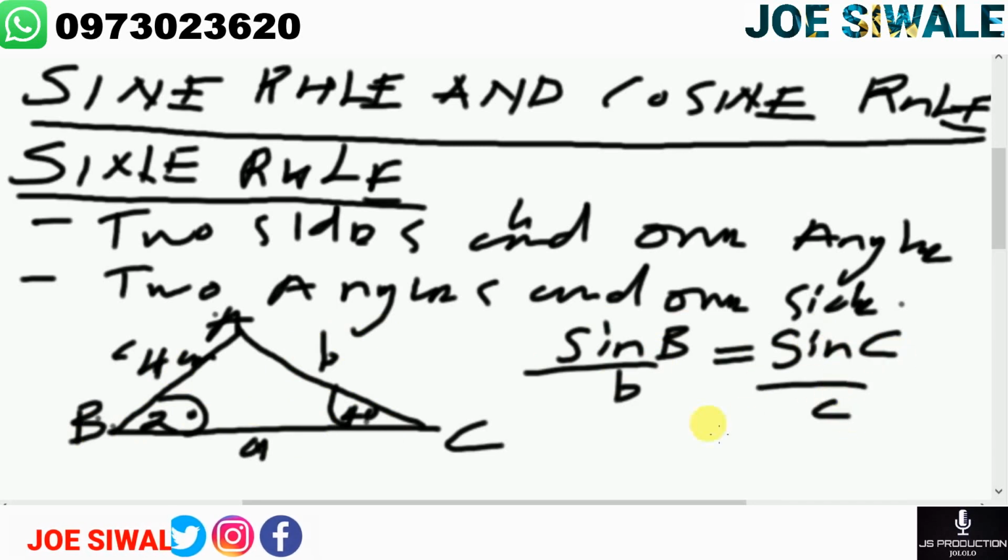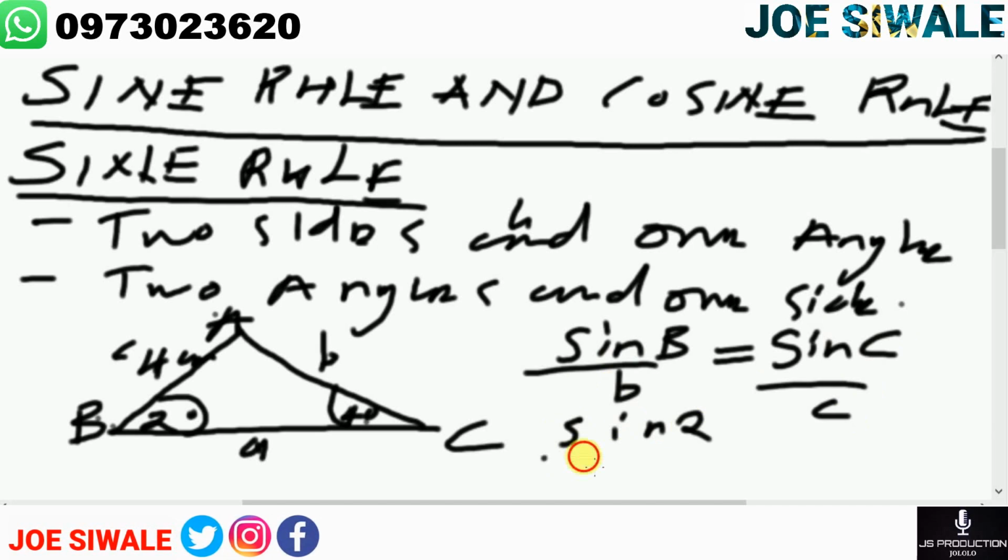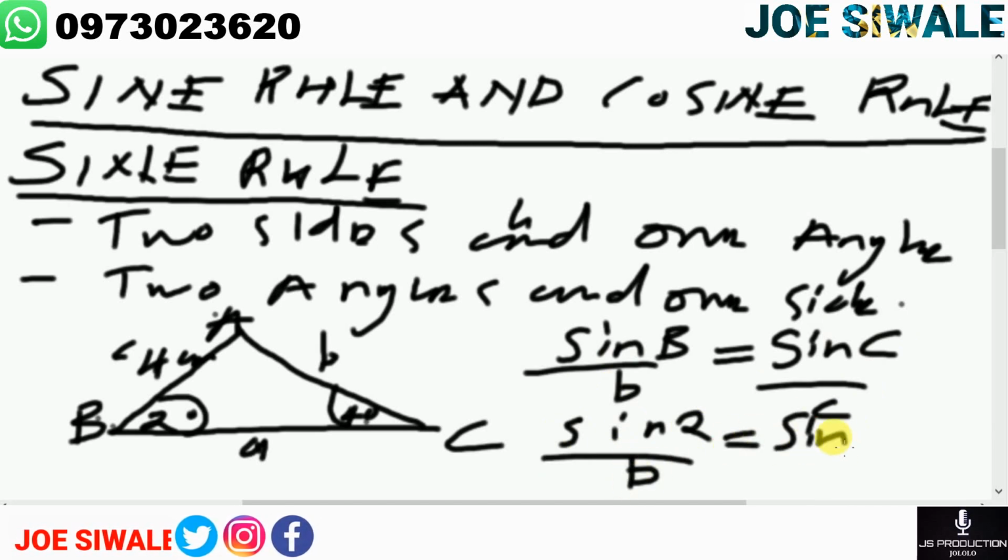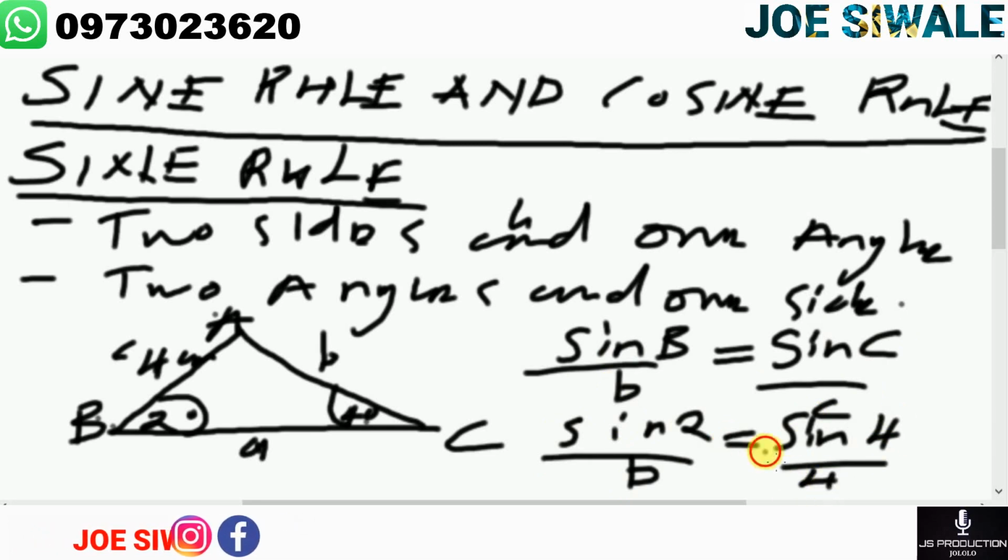So sine 2 divided by b is equal to sine C, that's 4, divided by c, that's 4 centimeters. And from here you can calculate the value of b. This is how you can use the sine rule when you have been given two angles and one side.